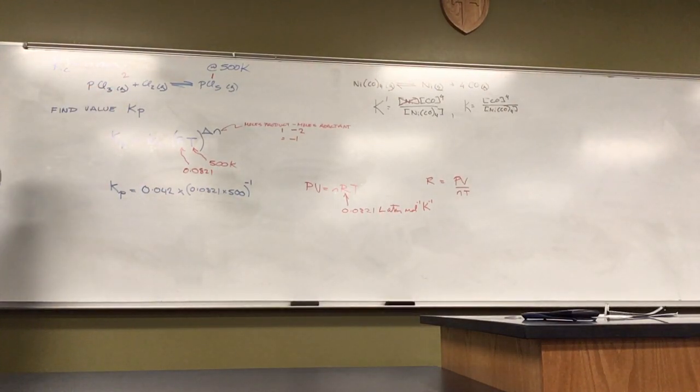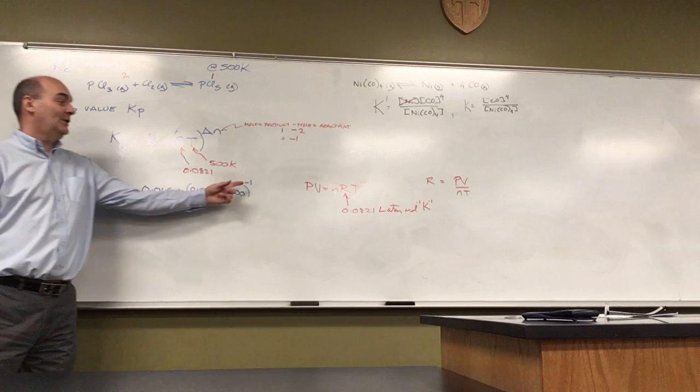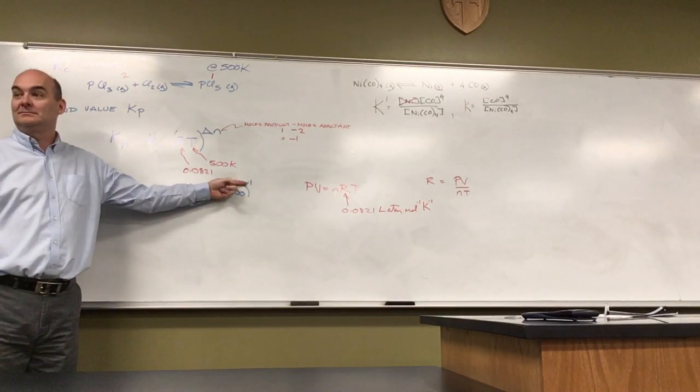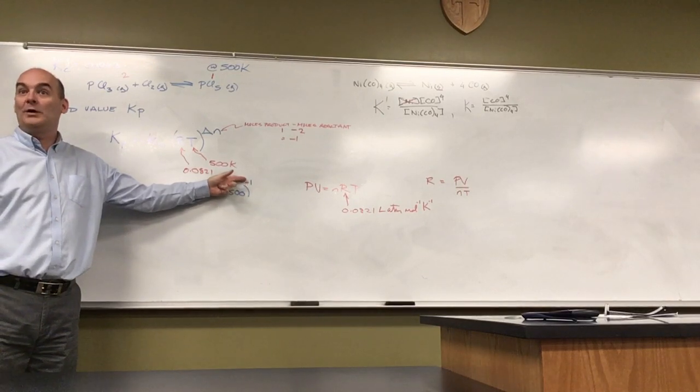Now you can do this in your calculator, or you can do this now. Think of a number, any number, make it a simple number. In your head, raise that number to the power of -1. And what have you got? The inverse. Yeah, 1 over that number.